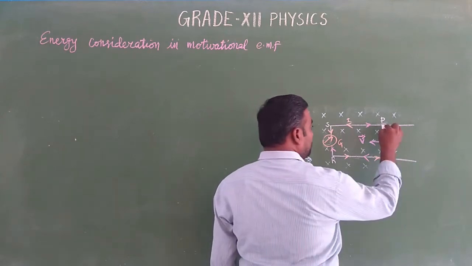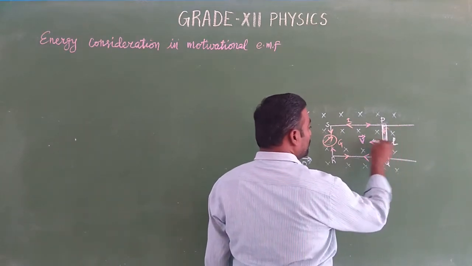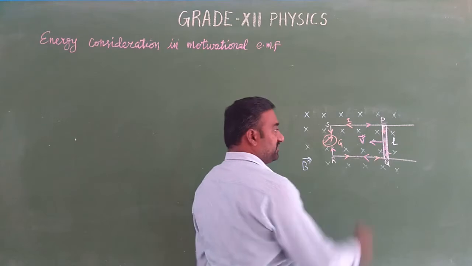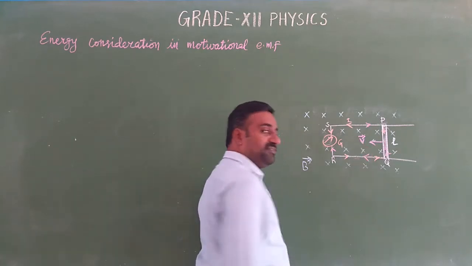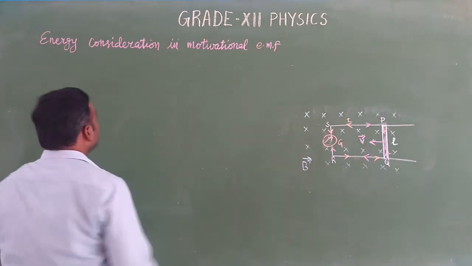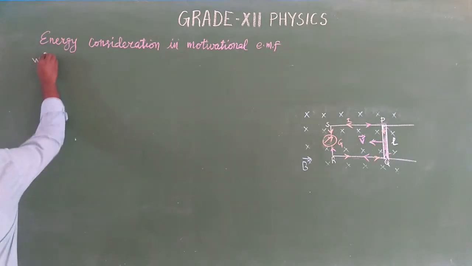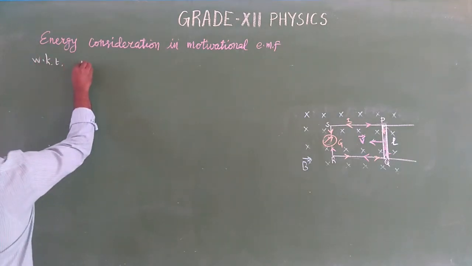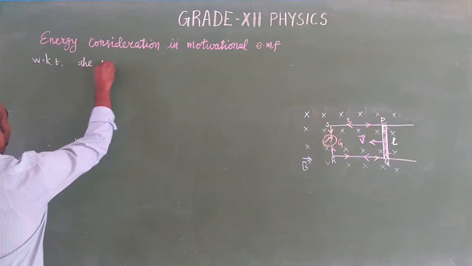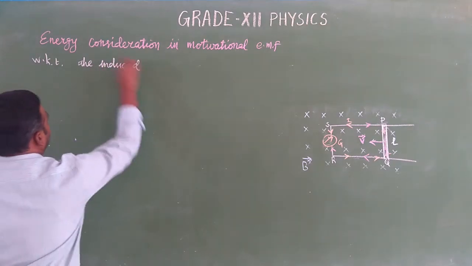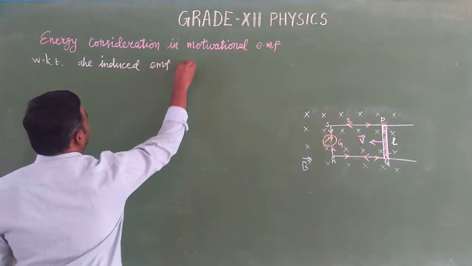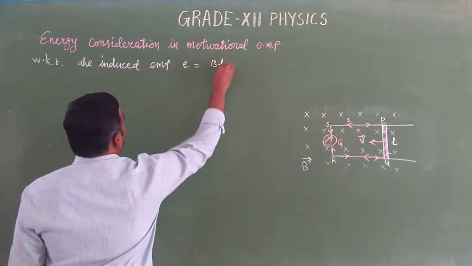Okay, so whenever the movable arm PQ moves in the magnetic field with the velocity V, then EMF is induced. What is the EMF induced? Due to the movable arm, the induced EMF E is equal to BLV.